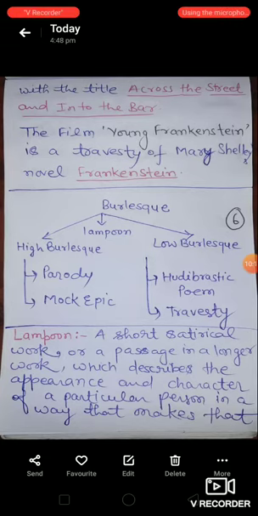One more thing that can be included with high and low burlesque in this genre named burlesque, and that is lampoon. So we'll discuss these all one by one. We'll know what is high burlesque, what is low burlesque, and in a high burlesque what is parody, what is mock epic. In low burlesque, what is Hudibras poem, what is travesty, and what is lampoon. We'll talk of that in the end.